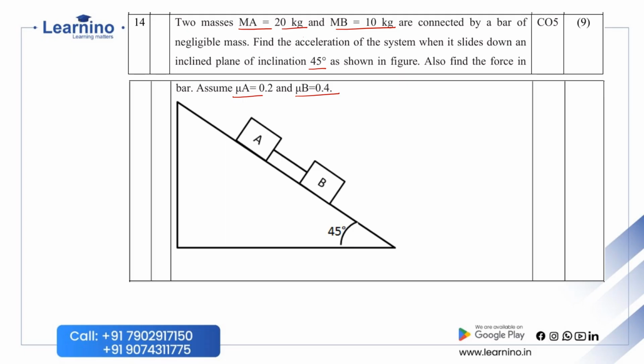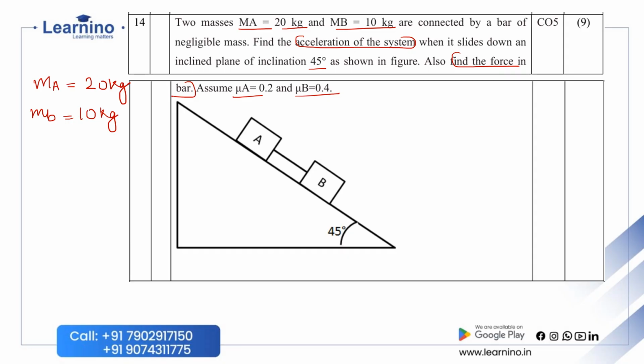Okay, we need to find the acceleration of the system, and also the force in the bar. First we can find the acceleration of the system. Before that, we can write the data given. MA is equal to 20 kilogram and MB is 10 kilogram.